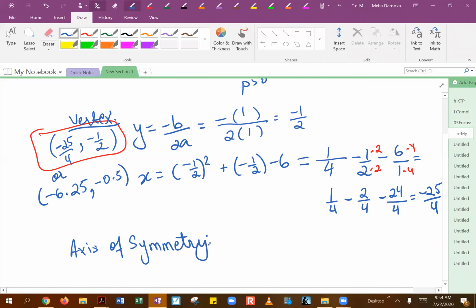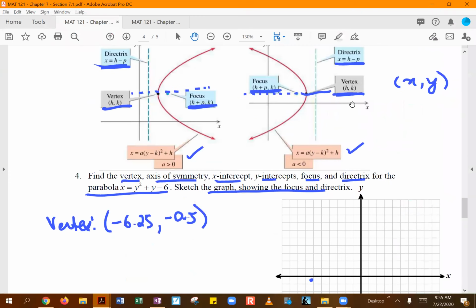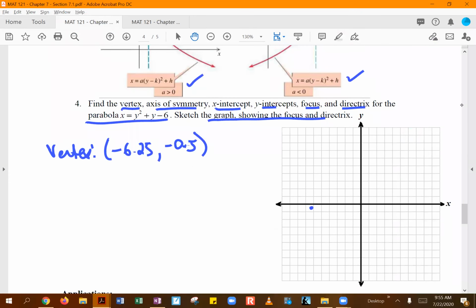So that's going to be the line y equals -1/2, since we've already done that calculation. So your axis of symmetry would basically then be this horizontal line, passing through that y equals negative 1/2. So that's our axis of symmetry over here.